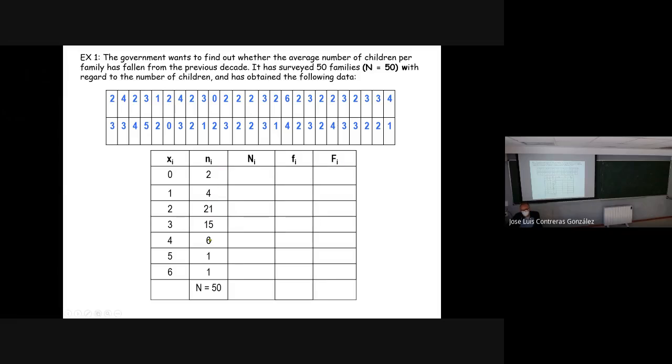So here I have the absolute frequencies. I have counted that there are 2 families with no children, 4 families with 1 child, 21 families with 2 children, and so on and so forth. If I did it correctly, and this is a check you have to do, the total number should be 50 because the survey was taken over 50 families.